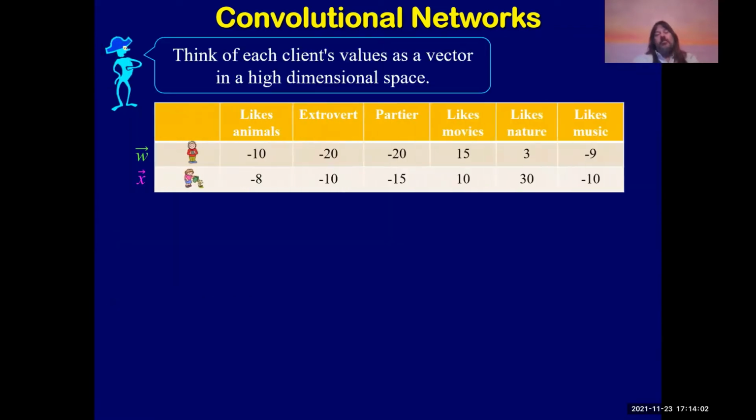All right. So before we go on, let's just have a reminder of what we did in the algebra talk. Right. In the algebra talk, we were thinking about setting up a dating service, where here are two people with their various features, and we can think about their list of numbers as being a vector, right? So W is this list of numbers, and X is this list of numbers.